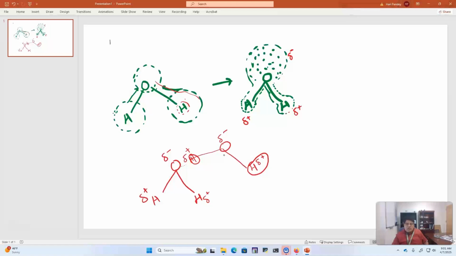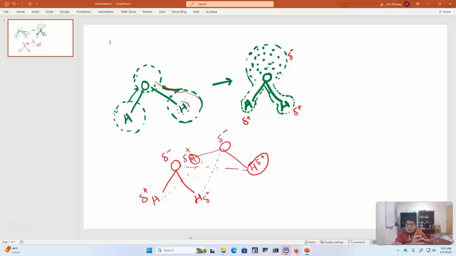This oxygen, negatively charged, can also attract this hydrogen, and this oxygen can attract that one too. These are attractive forces.